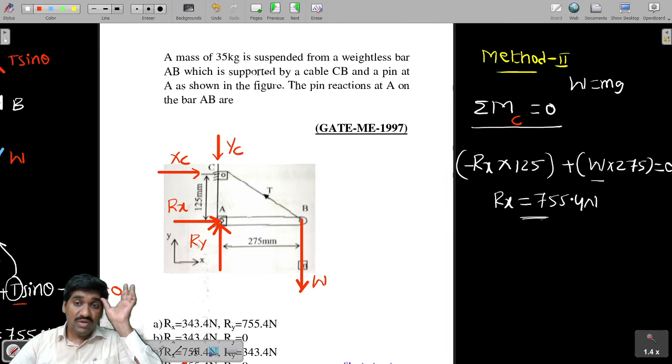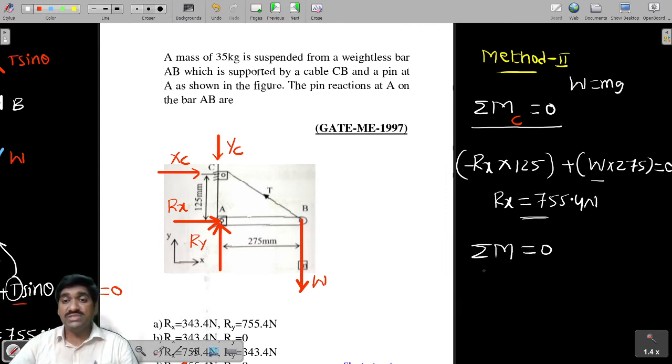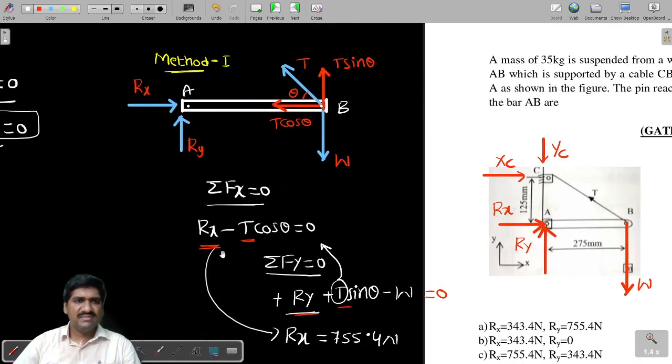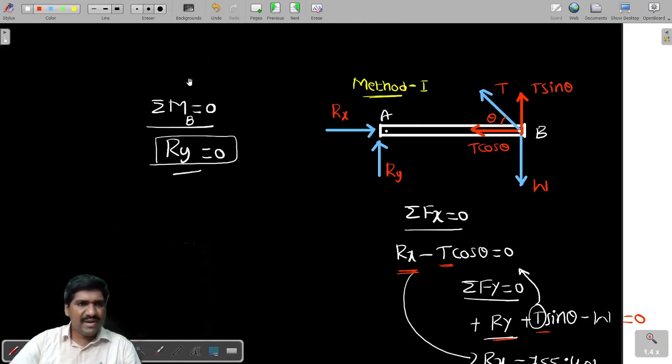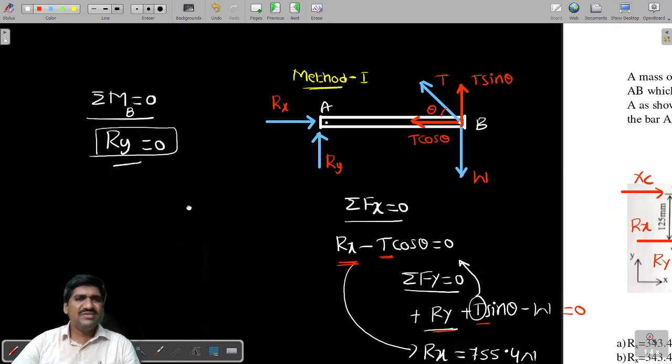Now tell me, what about the other equation? I write the summation of moments equal to 0. This time I am taking the moment center as point B. Just observe, this equation is already done. In the previous method, by applying sigma M equal to 0 for this body, did we get Ry equal to 0 or not?